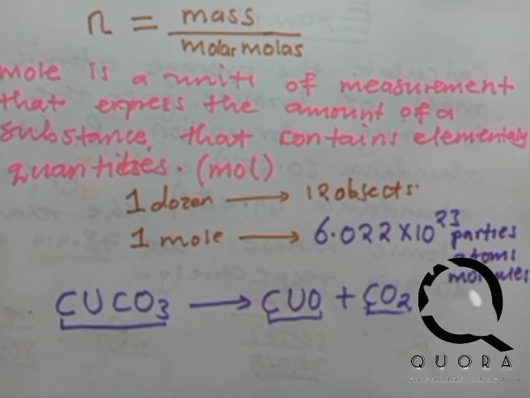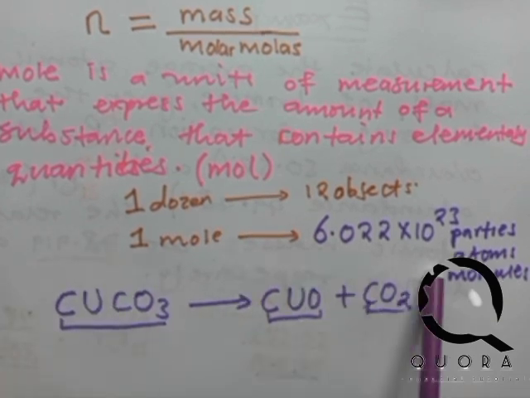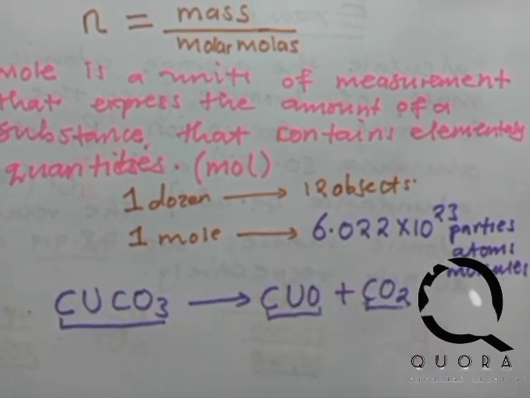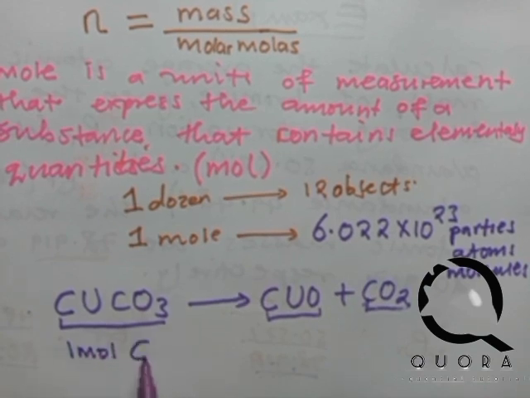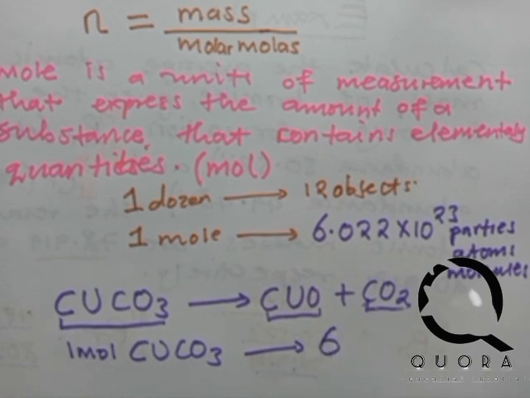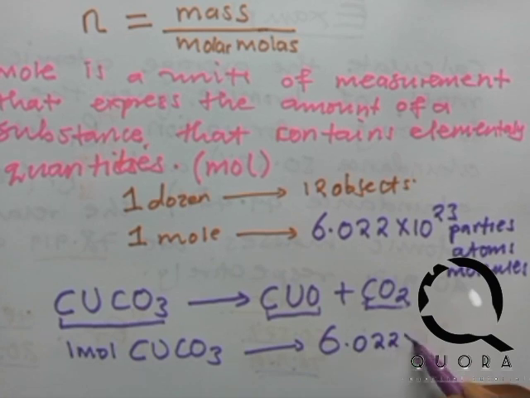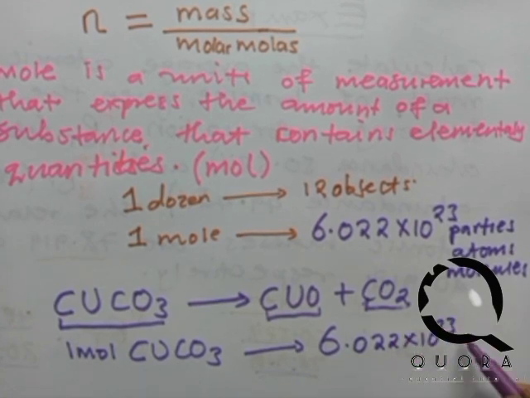How do you find the number of moles based on these? You look at the coefficients you've been given. This reaction is already balanced because we have the same quantities on the left hand side as on the right hand side. So 1 mole of copper carbonate is equal to 6.022 multiplied by 10 to the power 23 atoms.